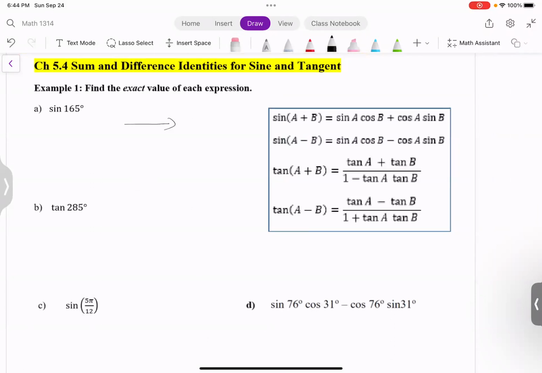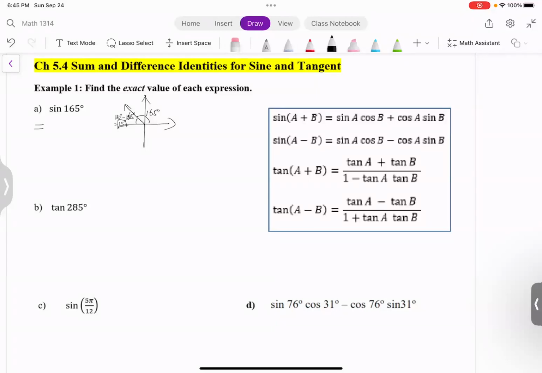If I draw it, 165 must be in the second quadrant. This is 165. What is the reference angle of 165? It's 180 degrees minus 165 degrees. What is that? Is that 15? All right, the reference angle of 165 is 15 degrees, and the sine in the second quadrant is positive.